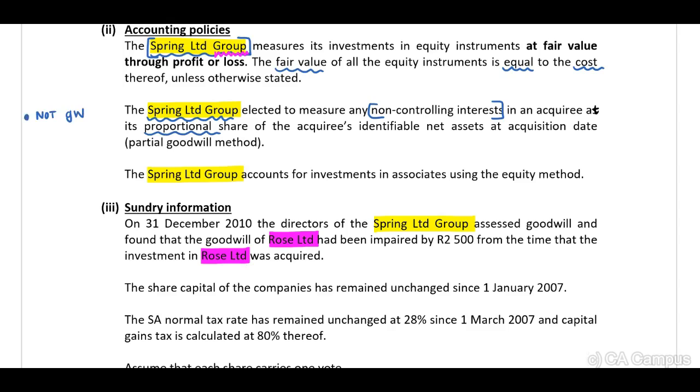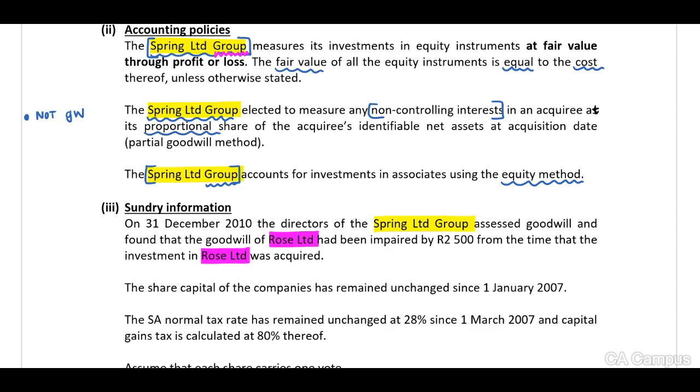If at fair value, you need to remember our NCI will share in goodwill. Then they indicate to us the Spring Limited Group accounts for investments in associates using the equity method. Now this is in the group, not in the separate records of Spring Limited, in the group.